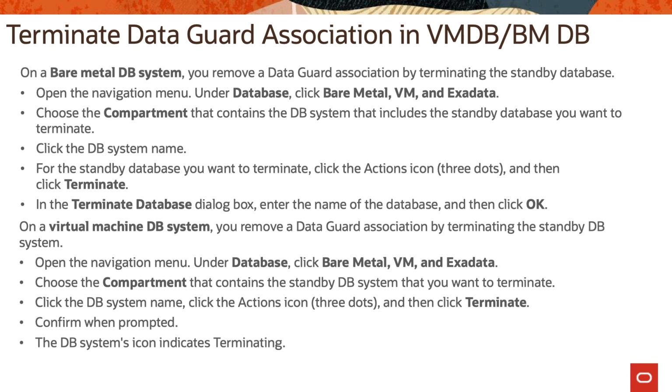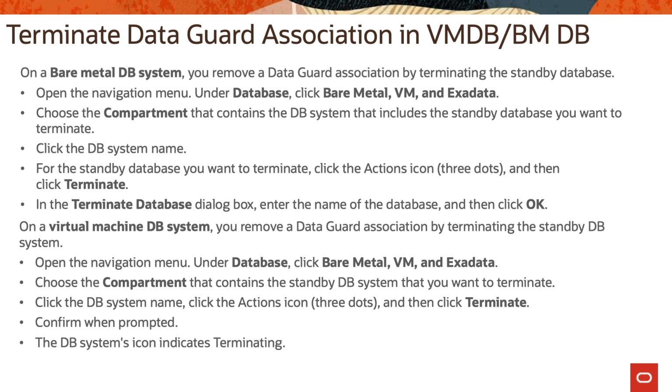For that, you will go to your bare metal VM and Exadata tab, select the compartment and the database system, and then you'd see a terminate option in the 3 dots on the right side. Once you click on terminate database, you will have to provide the name of the database which you want to terminate, and then click OK. This is just to make sure that by mistake you are not terminating any other critical database.